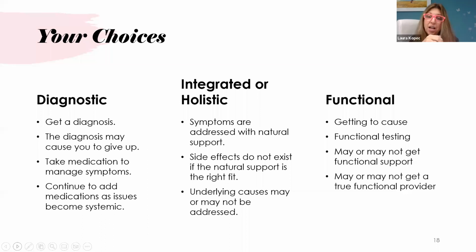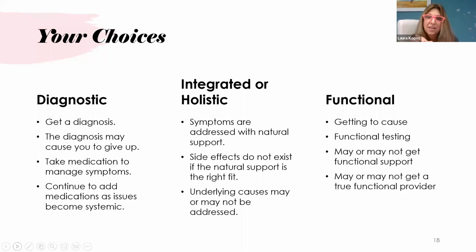If the natural support is the right fit, the underlying cause may or may not be addressed. Take constipation, for example. Under the diagnostic model, you may be recommended an over-the-counter milk of magnesia. In the integrated or holistic model, an herb might be used to relieve constipation. Again, that may not be corrective. It just depends on the style of the practitioner.